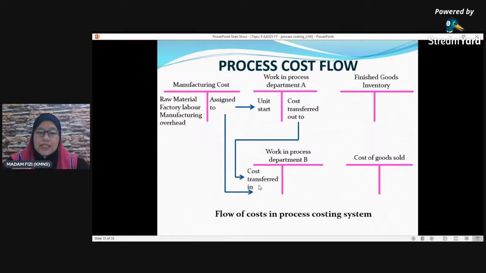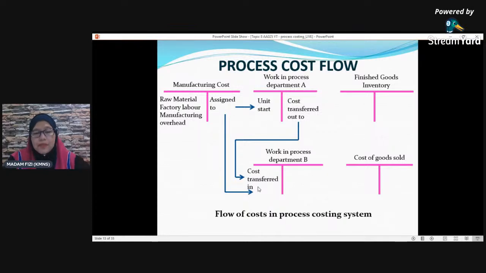Cost transferred in. So cost transferred in ni adalah unit start dekat department B, tapi kita tak panggil unit start. Unit start selalunya kita panggil dekat department yang mula-mula sahaja. So the cost that we transferred in department B ataupun unit yang kita transfer ke department B is called cost transferred in. Okay, boleh faham ya?